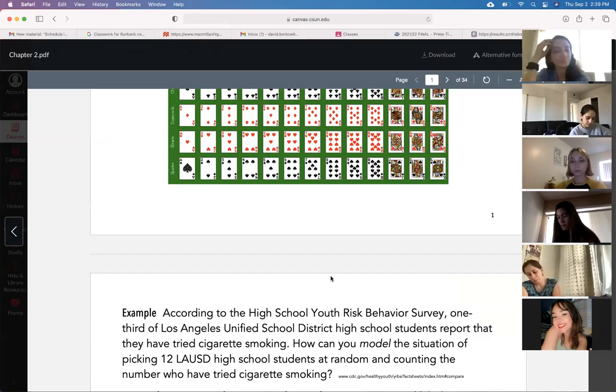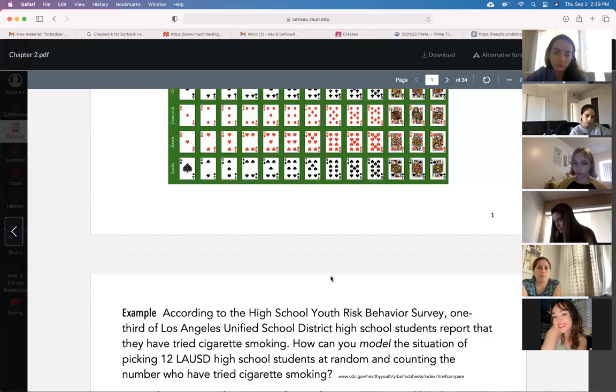How can you model the situation of picking 12 high school students at random and counting the number who have tried cigarette smoking? One thing I can do is go to one of these schools and pick 12 students at random and say, you, have you smoked?